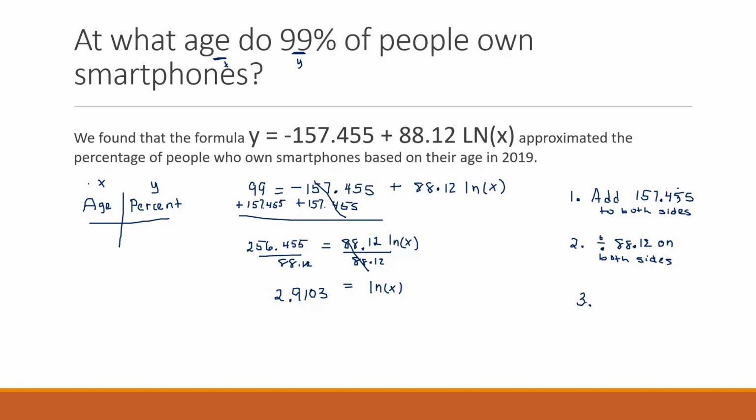And we learned that the inverse of a natural log is base E. And this is our inverse property that we had when we went over the properties of logarithms. So because of that, I'm going to put a base E on both sides.